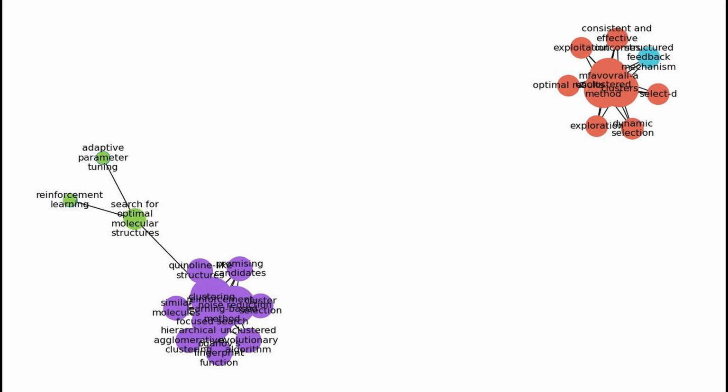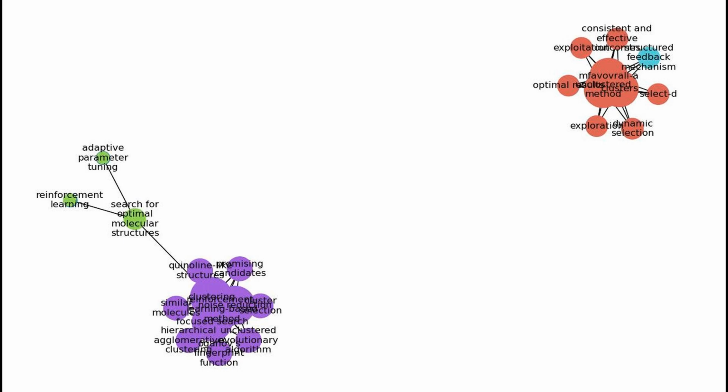By applying techniques like Oganov's fingerprint function and hierarchical agglomerative clustering, the algorithm could better assess the performance of different clusters. This focused approach helped reduce the noise from unstable intermediate structures, making it easier to identify the most promising candidate. Second, the dynamic selection of clusters based on previous performance significantly enhanced the algorithm's efficiency.